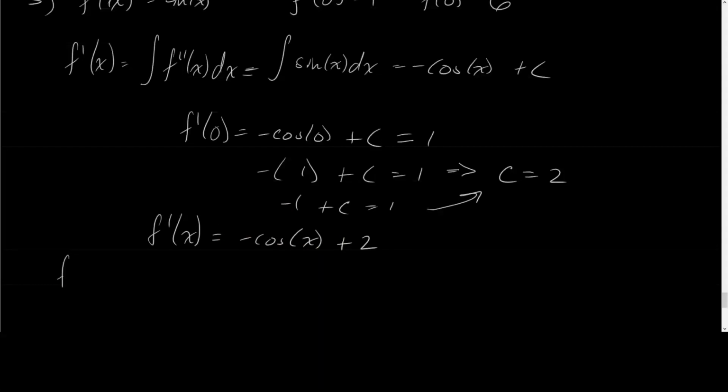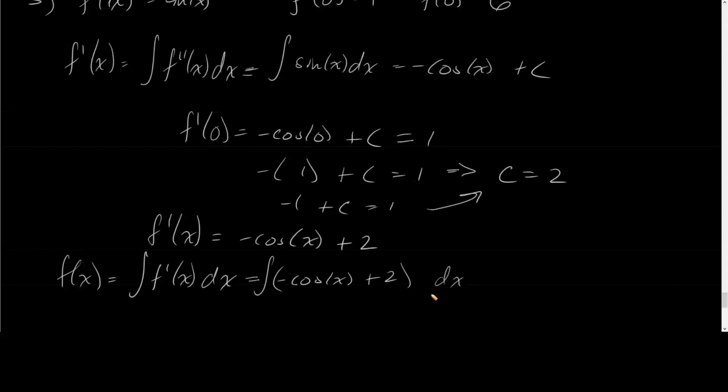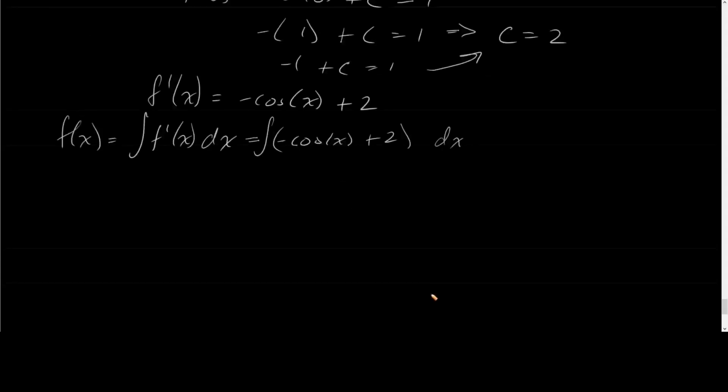And now, to solve for f of x, we have to take the antiderivative of f prime of x. So that means the antiderivative of negative cosine of x plus 2 dx. And the antiderivative of cosine is sine, so I end up with negative sine x, right? And then the antiderivative of 2 is 2x, and then plus c.